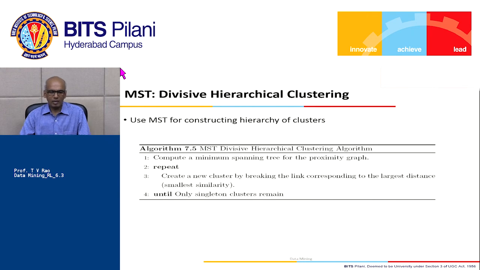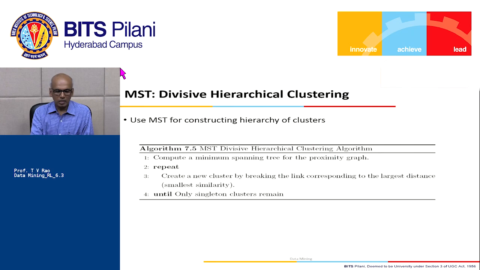And the minimum spanning tree algorithm looks like that. It is a relatively simple algorithm and can work only in very restricted situations. What we do is create a minimum spanning tree to start with, and then we do a divisive hierarchical clustering in order to create the set of clusters.